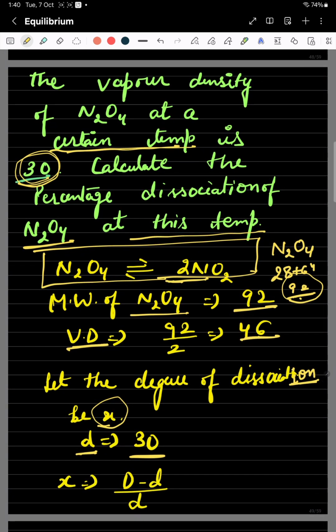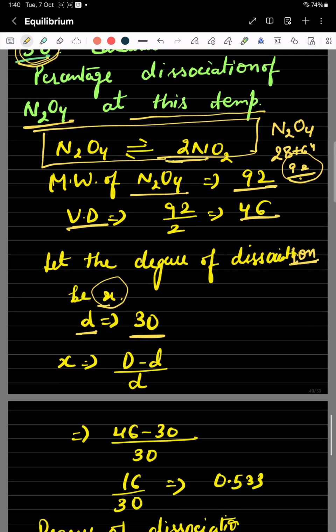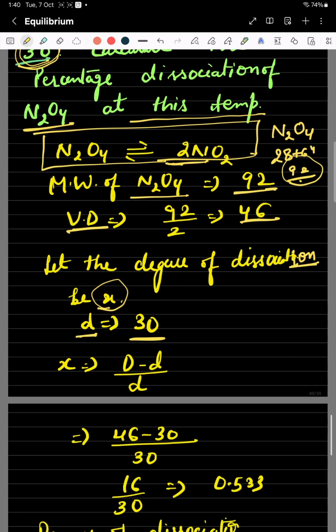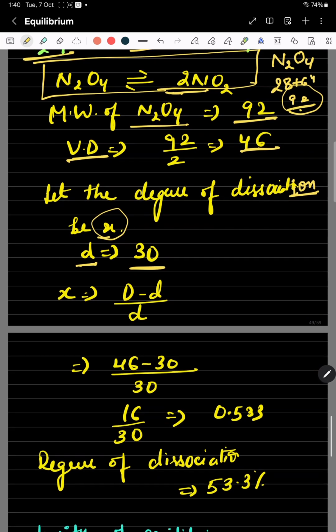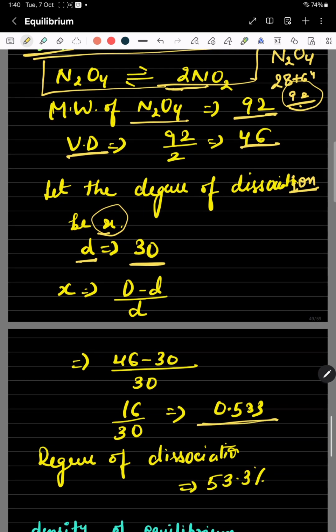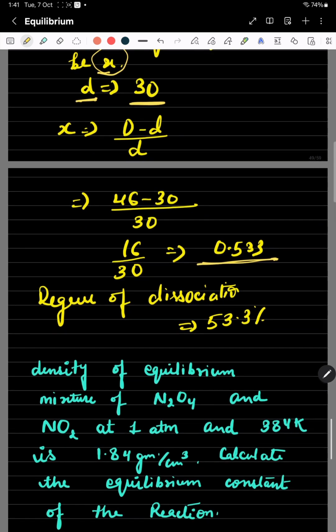So the degree of dissociation is capital D minus small d upon d. Capital D is the vapor density before dissociation, 46, minus after dissociation 30, that is 16 by 30, which is 0.533. That is your degree of dissociation.